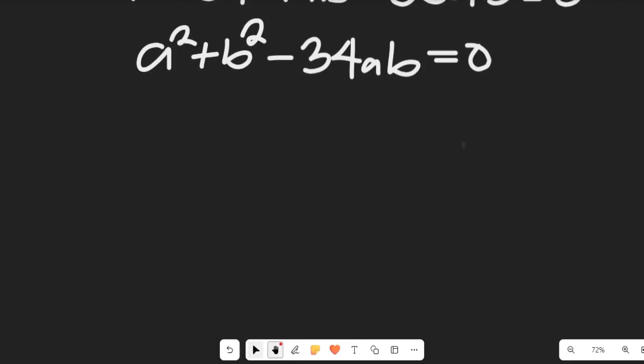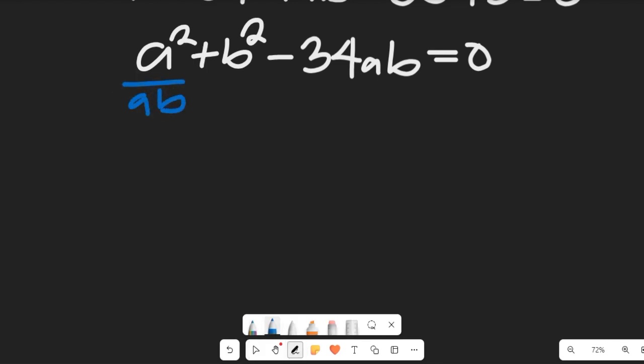Cool. Now what do we do from this point? From this point, I'm going to divide through by ab. That way I can simplify the expression. If I divide through by ab, I'm going to reduce this whole expression, and this will also be divided by ab.